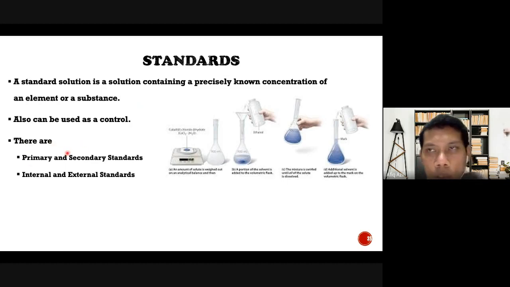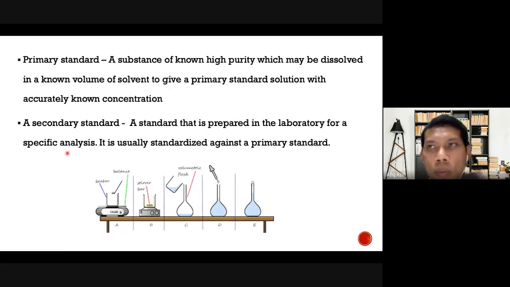There are types of standards: primary and secondary standards, and also internal and external standards. Primary standards are substances of known high purity, which may be dissolved in a known volume of solvent to give a primary standard solution with accurately known concentration. In the pharma industry, primary standards are normally purchased from pharmacopoeia suppliers like BP, British Pharmacopoeia, or USP.